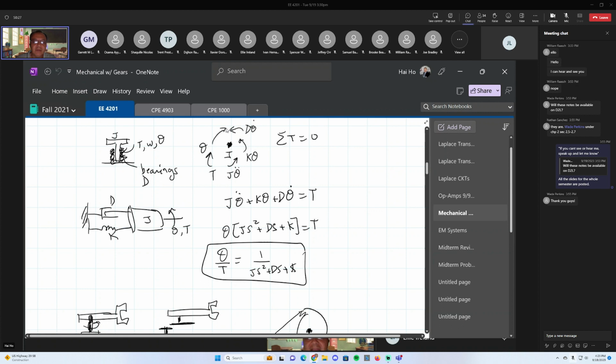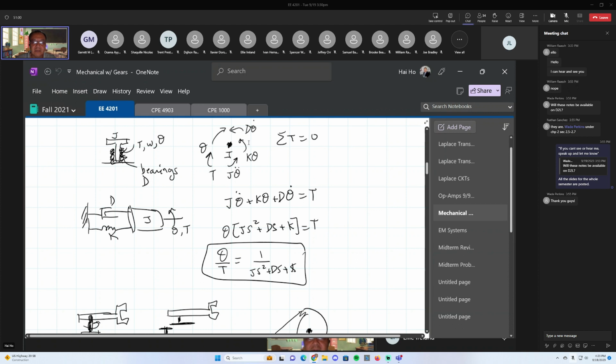Then you're going to have the counter force due to bearing friction. That is designated as capital D times theta dot. And then again, like force equals ma, you have J theta double dot, which is always counter to the positive direction that you're trying to move. Okay, so therefore you have the idea.